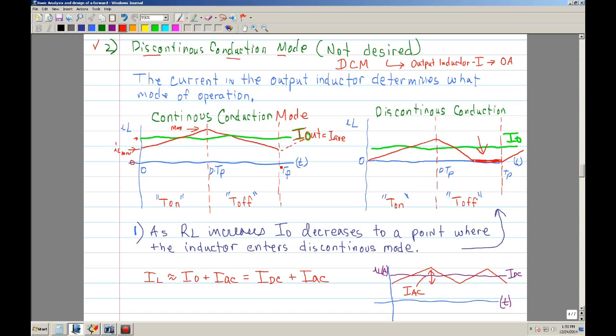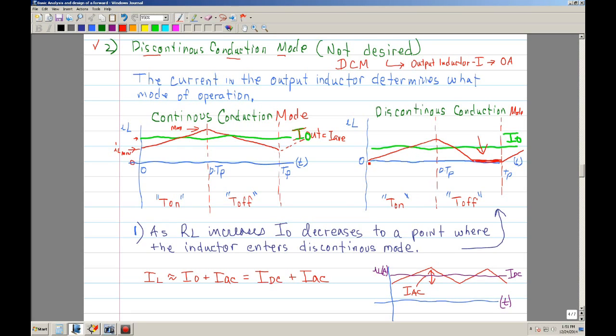It never goes to 0. In other words, this minimum never touches the 0 axis. So graphically, that's what it means, that the minimum part of the waveform is always above the x-axis.